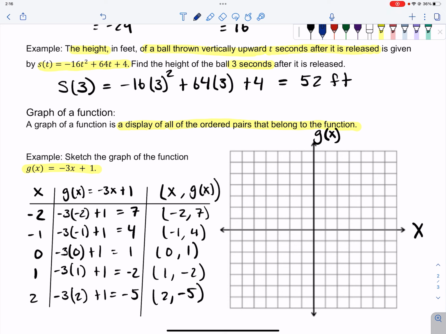So now I want to take these ordered pairs and plot them on the graph. So my first ordered pair is -2, 7. So that means I'm going to start at my origin, the intersection, that's 0, 0, and I need to go -2 to the left and then up 7 from that.